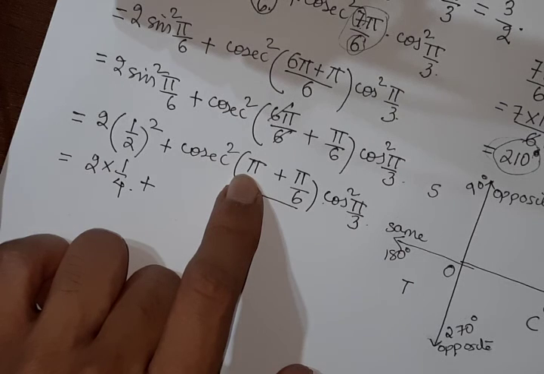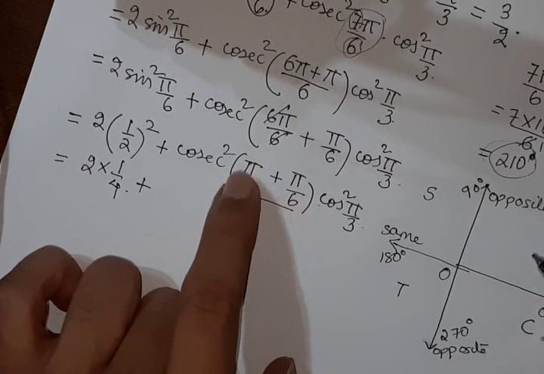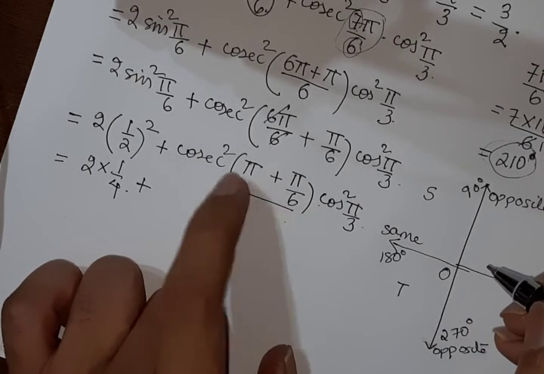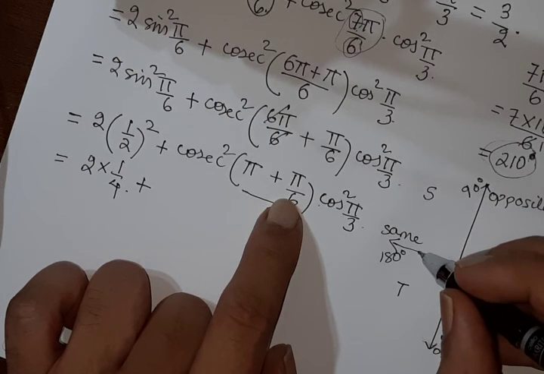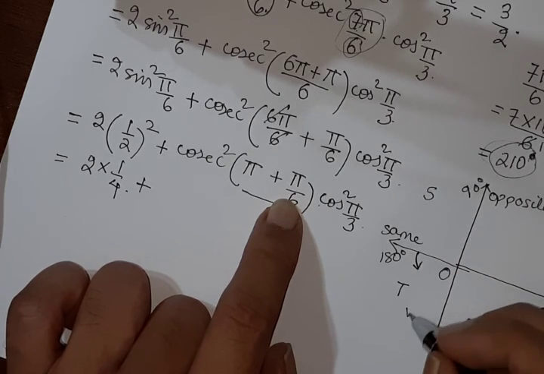Pi is 180, and pi by 6 is 30 degrees. So 180 plus some angle you are going. So in which quadrant? 180 plus some angle, so in the third quadrant.